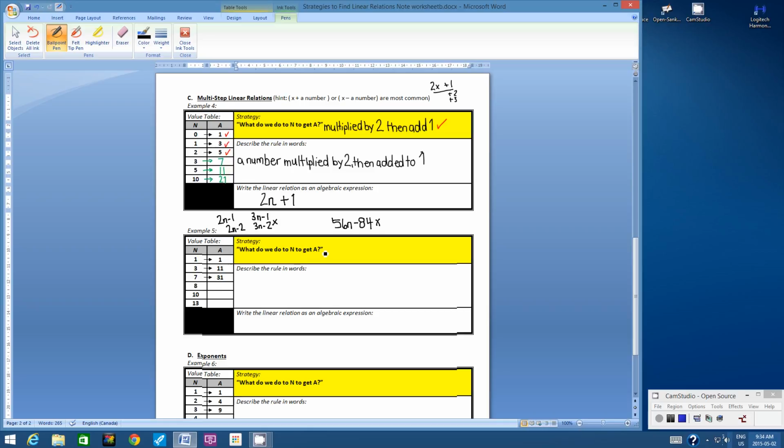So how about something like this? Maybe some of you have it already. Some of you are getting close. So what if we start with multiplying a number by 5, and then minus 4?